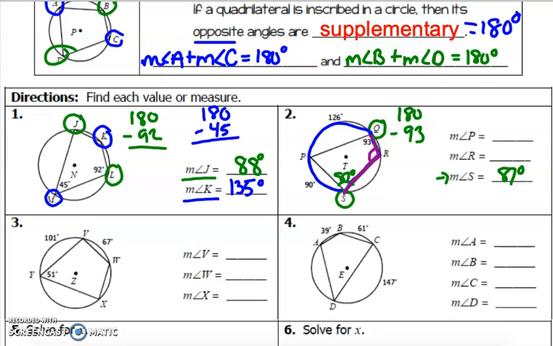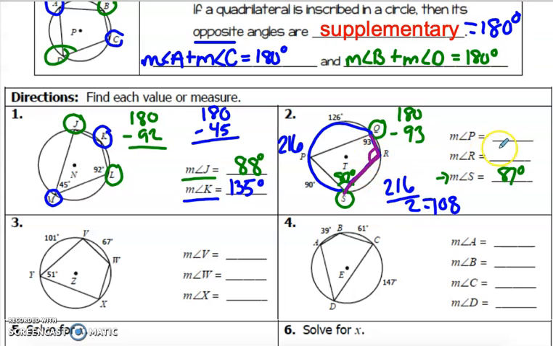So let's see, what is 126 plus 90? Nope, 216. So this whole entire blue thing is 216. So if I'm trying to find my inscribed angle, I'm going to half it. So 216 cut in half is going to be 108.